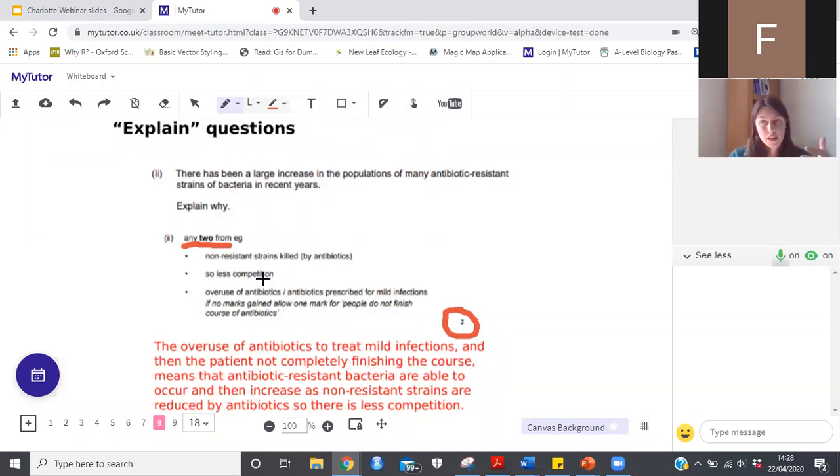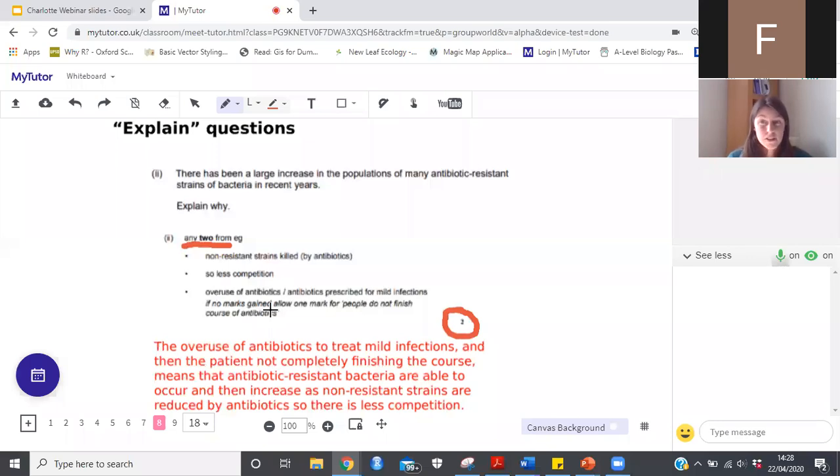The resistant bacteria have less competition against them, so they're more likely to survive, reproduce, and become a bigger population of resistant bacteria. And finally, overuse of antibiotics or antibiotics prescribed for mild infections. And if no marks gained, allow 1 mark for people do not finish course of antibiotics.